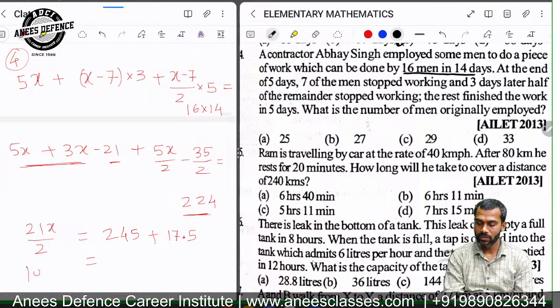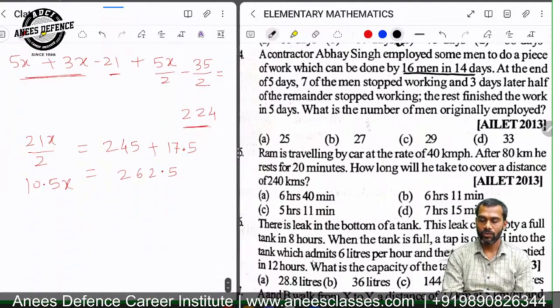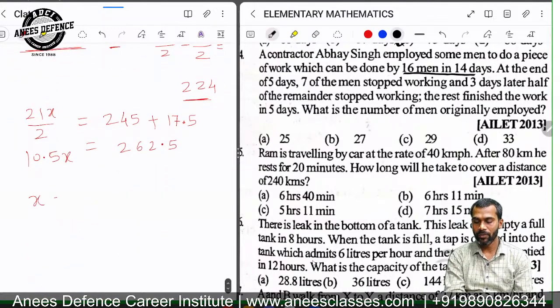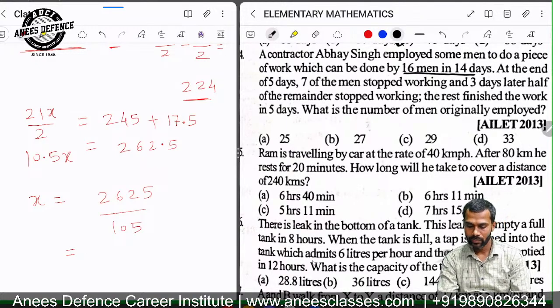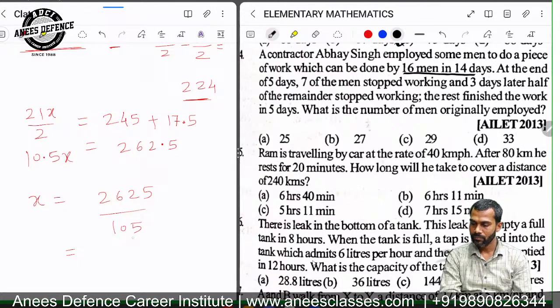I can write this one as 10.5x, equal to 245 plus 17.5, which is 262.5. So in order to find x, it becomes 2625 divided by 105. So you will get 25 only.